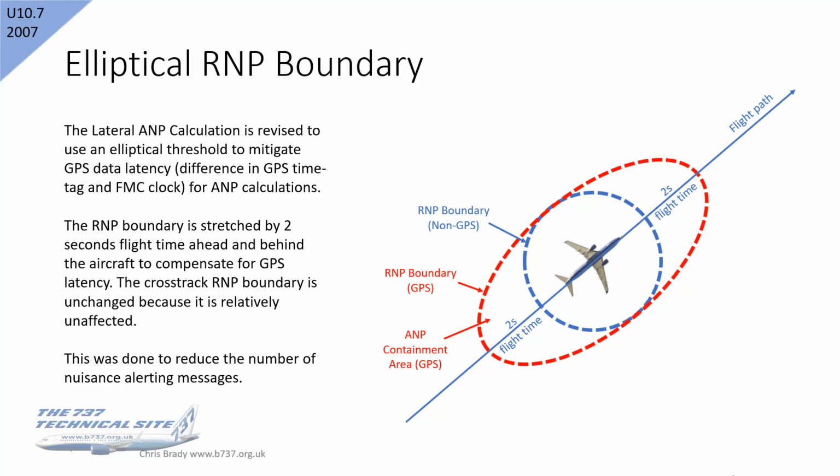The accuracy is still there. It's a computing issue rather than fudging the figures to make things work. And it was done to reduce the number of nuisance alerting messages, and it was successful. So that's what was going on there.